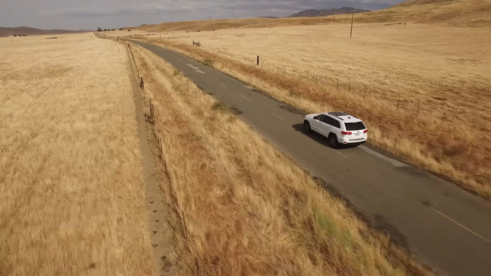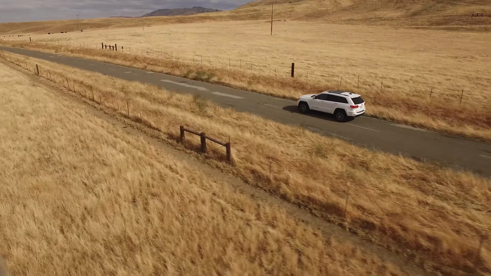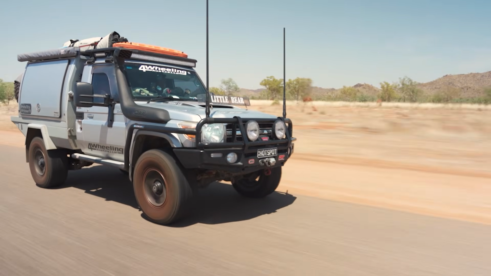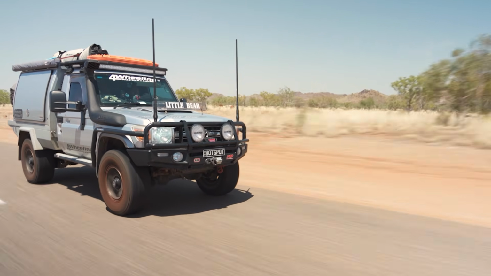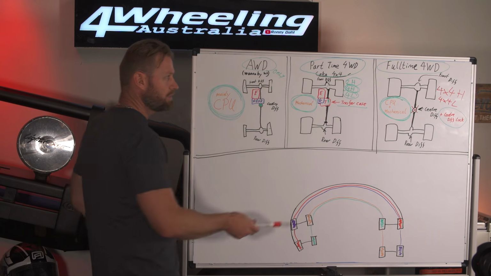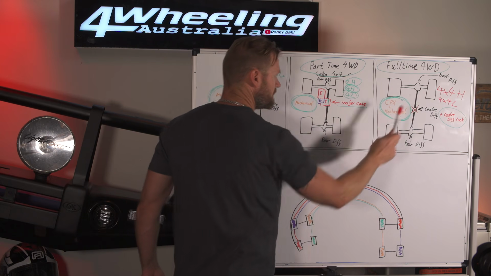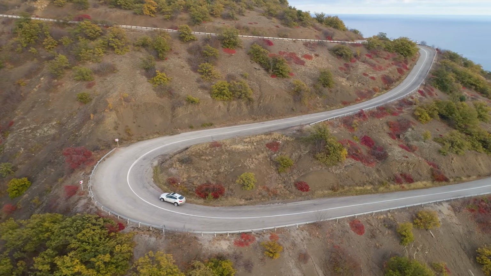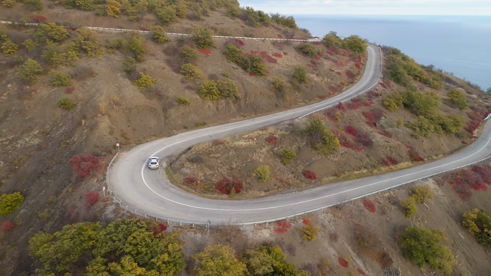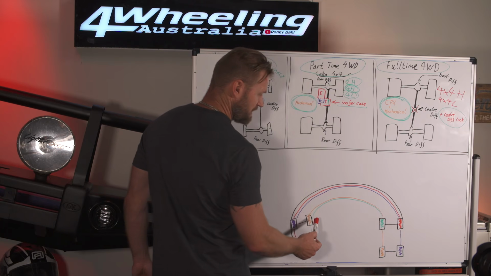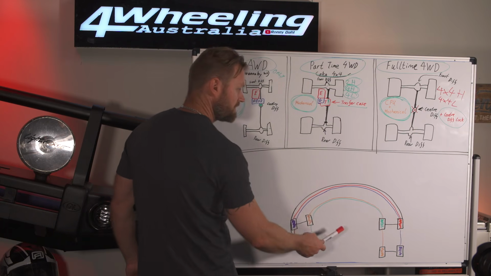Driving on high traction surfaces like the pavement or highways in two-wheel drive and all-wheel drive is okay, and this is because we have open differentials. Tarmac is an issue when you put it into 4 high, 4 low in either of these two systems. When you are taking a turn, the inside wheels rotate less and travel a shorter distance than the outside does.